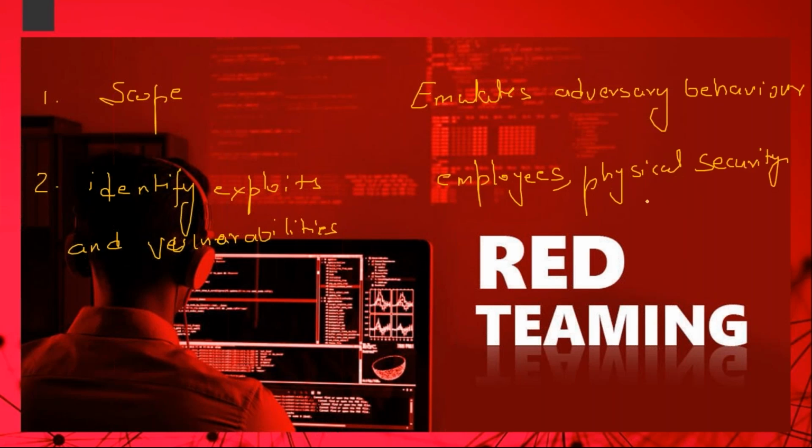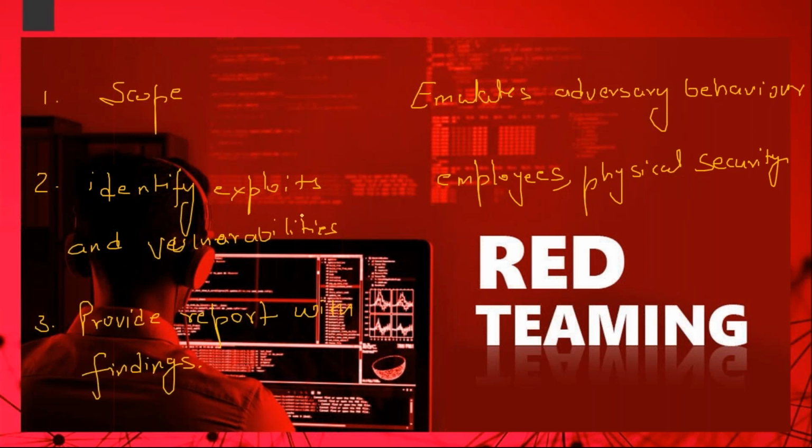So we don't have a scope. We are not only trying to find the exploits and vulnerabilities present in a web application or in the network, but we also have employees and physical security, where we can physically try to enter the organization and find more information from there, right? So that can also be a part.